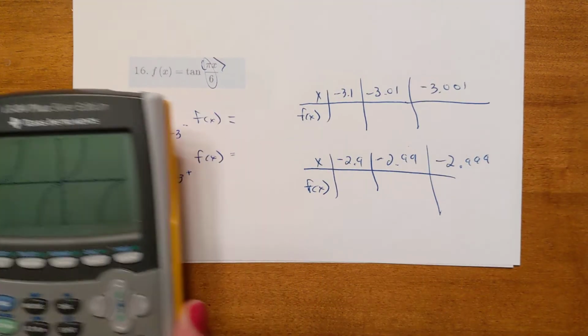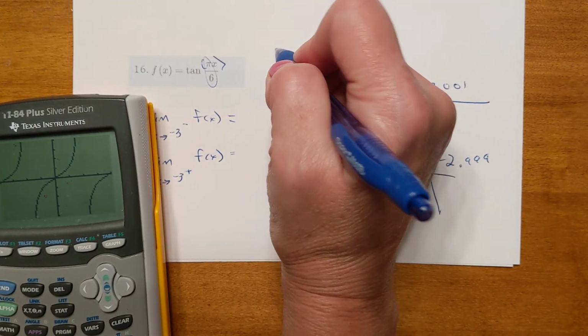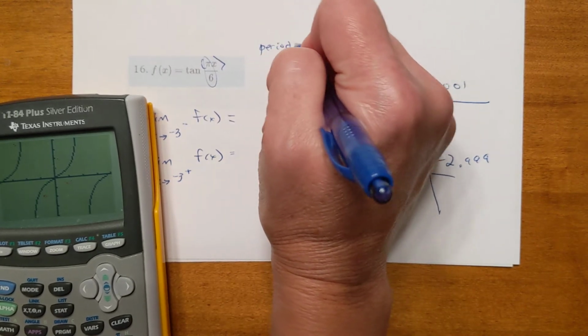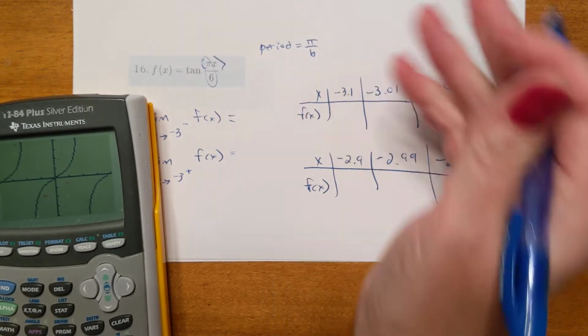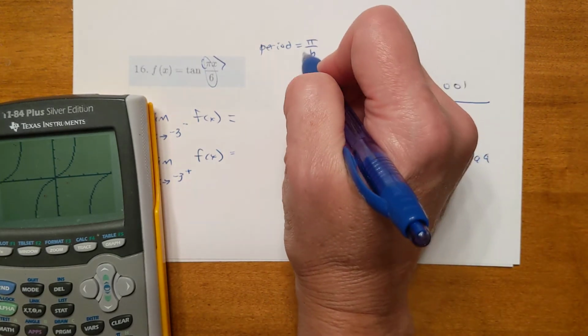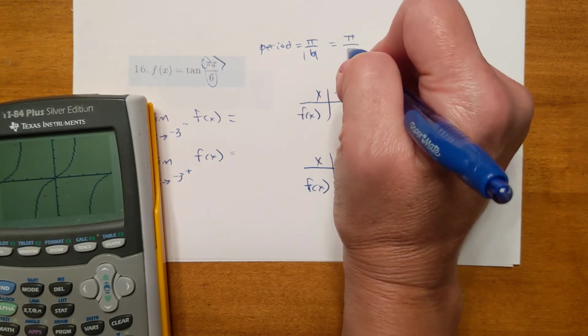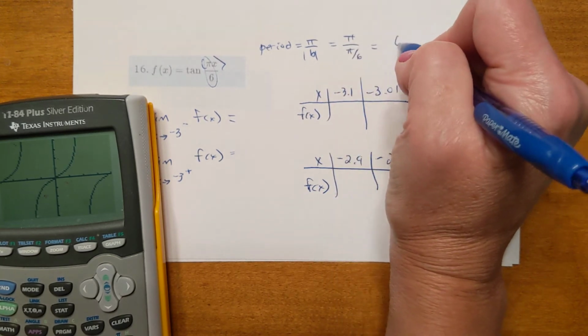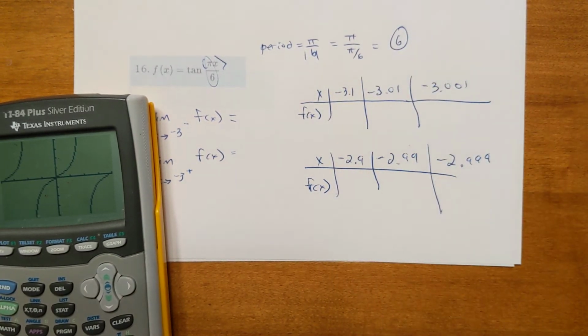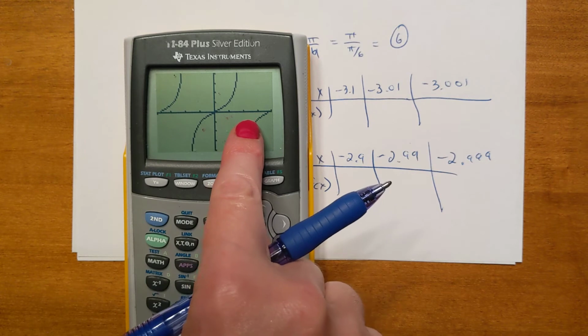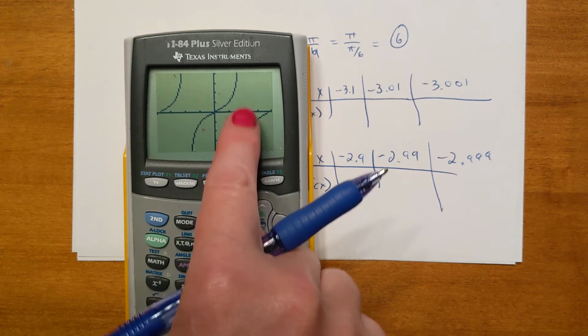So knowing that that's the b value, for tangent, the period of it is pi over b because it repeats every pi. And here the b is pi over 6. So pi divided by pi over 6, and you get the number 6 out of that. So actually, this is at -3, and that's at +3, because the period of it's 6.